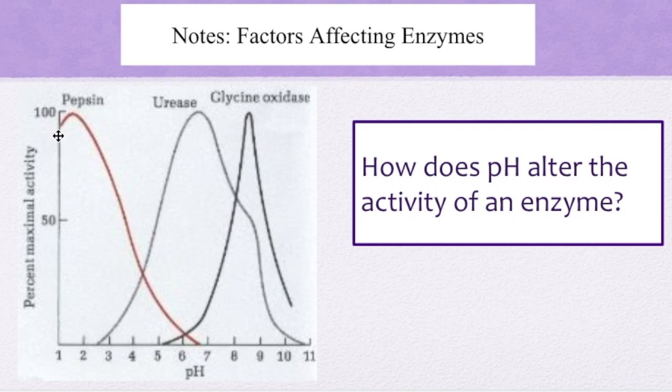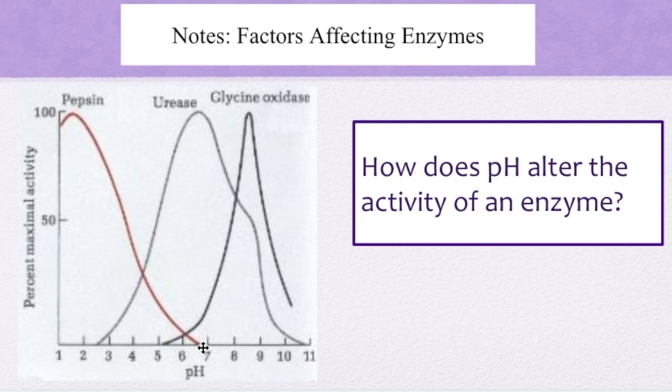Pepsin works really well in the beginning, at very low pHs. You would call this optimal right here, probably right around a pH of 2, strongly acidic, and it works great. But then the pH gets higher, closer to neutral, and look at what happens to that enzyme activity. Down, down, down, down. When you get close to neutral, pepsin doesn't work at all.